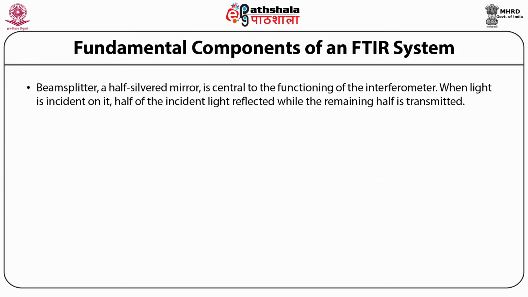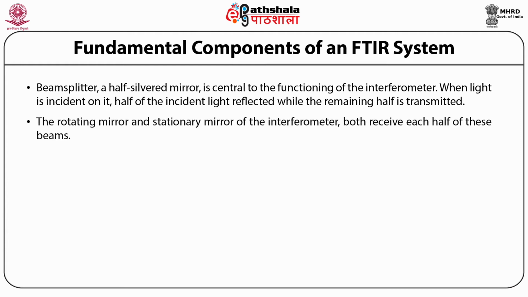The beam splitter, a half-silvered mirror, is central to the functioning of the interferometer. When light is incident on it, half of the light is reflected while the remaining half is transmitted. The moving mirror and stationary mirror of the interferometer each receive half of these beams.